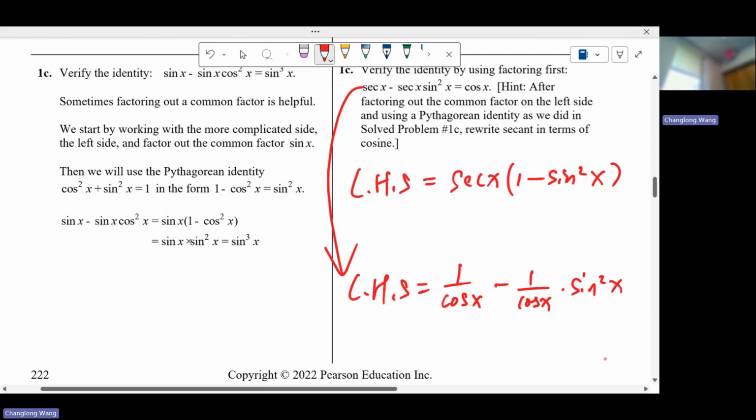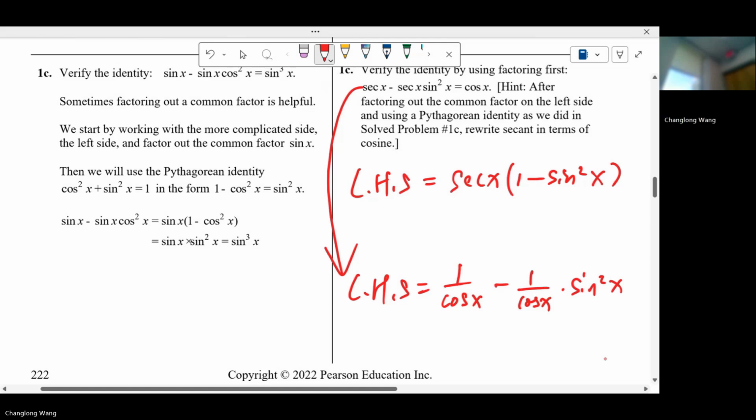Honestly, I don't have any preference towards either, but you guys tell me which one you think would be better for you to factor out the common factor if you have to do it anyway. Is this better than that one?